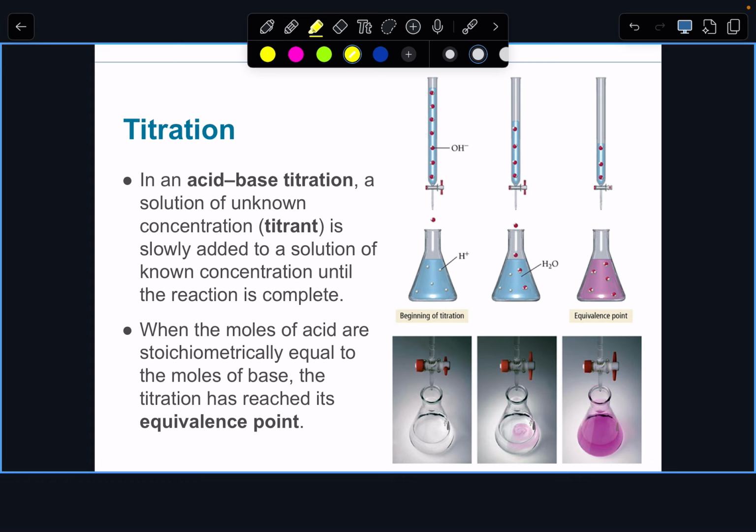So right here, at the equivalence point, moles of acid are equal to the moles of base. So if we start with 0.1 molar acid and 0.1 molar base, when we add the same volume, that's when they'll be equal to each other.